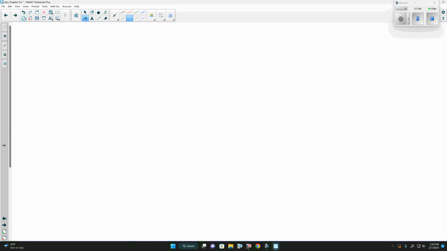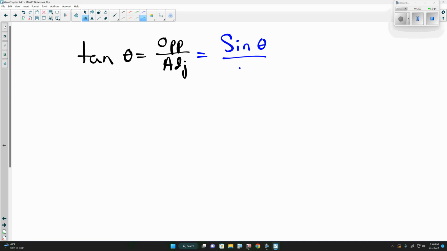Now, this is a little bit above and beyond, but tangent of a given angle is the opposite side length over the adjacent, yes? What this works out to be the same as is sine over cosine. Tangent of an angle is the same as sine of that angle over cosine of that angle.